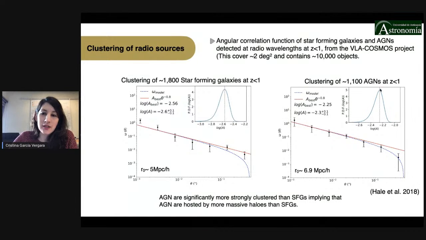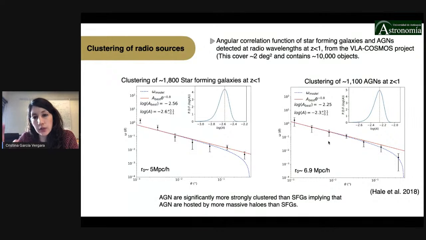Here, the AGN population includes all types of AGN: radio galaxies, quasars, everything. Hopefully in the future, when we have more large surveys, we can also split the AGN population into the different types of AGN, which could have very different clustering.